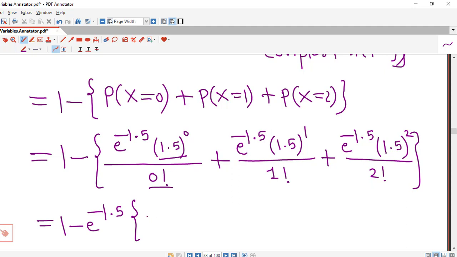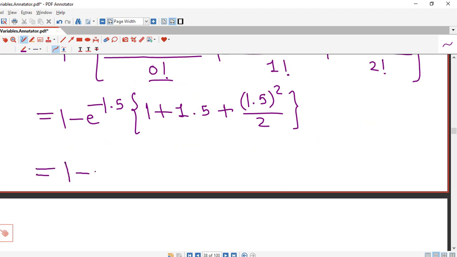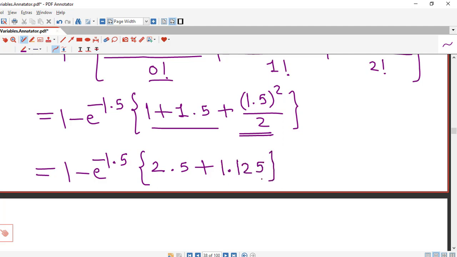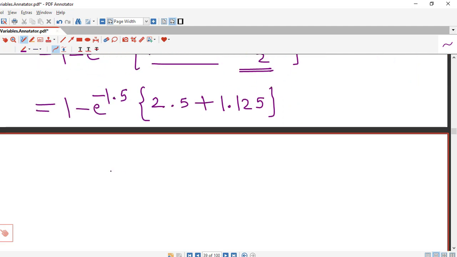This is 1, this is also 1, plus 1.5 raised to 1 factorial has value 1, plus 1.5 whole square divided by 2. So we can rewrite this as 2.5 plus 1.125, and if I use a scientific calculator and simplify, the answer will be 0.1912.